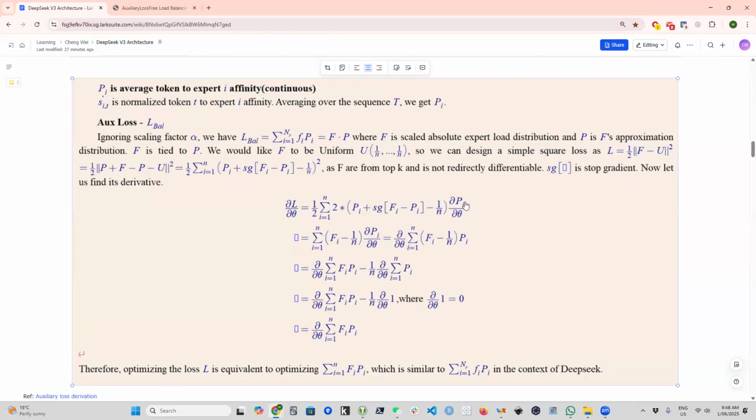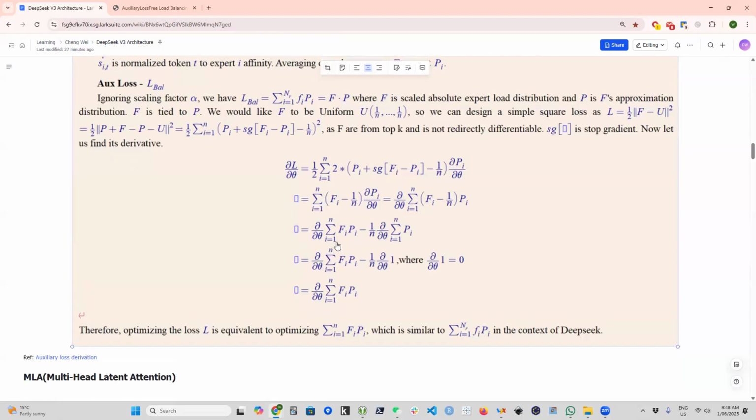Then we do the derivative on this part, right? Then we can pull the derivative back outside because this part doesn't have the parameter, so it doesn't matter. We can pull it out. Okay. Then we split the two parts.